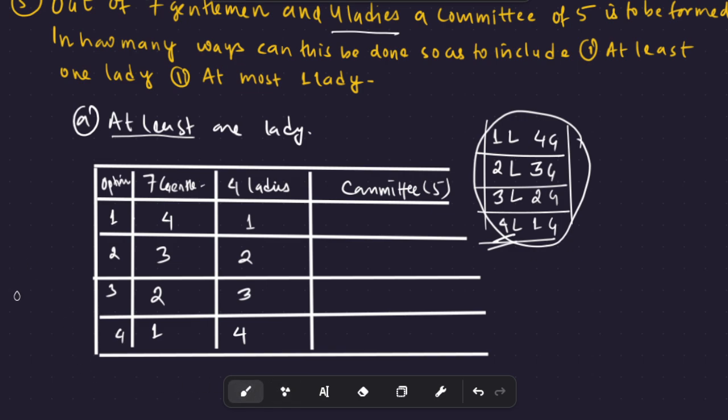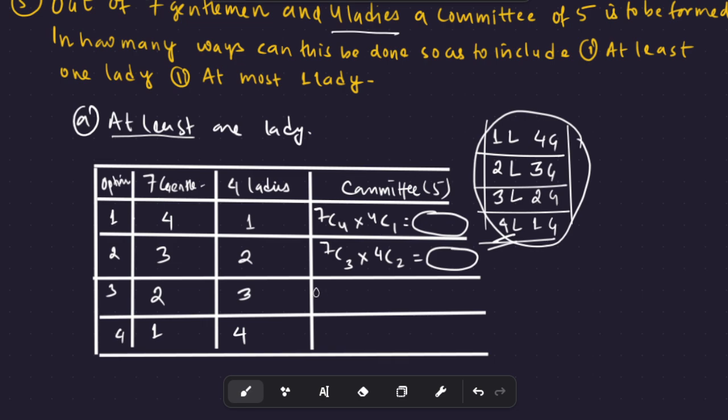What will be the combinations? 7C4 times 4C1. We can have one value here. Now, option number two is 7C3 times 4C2, and you get another value.